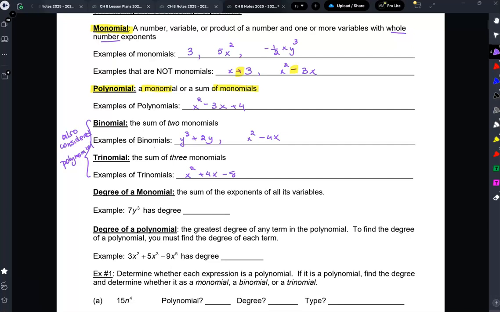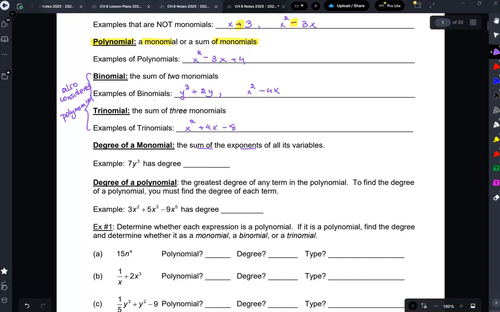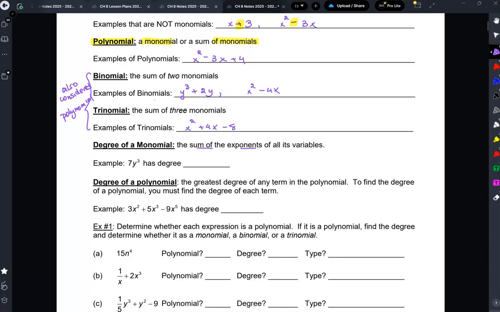Okay, now let's talk about the degree of a monomial. This is the sum of the exponents of the variables. So for example, if I have 7y cubed, if I add up all of the exponents for all of the variables, it's 3. Okay? So that's the degree of a monomial.